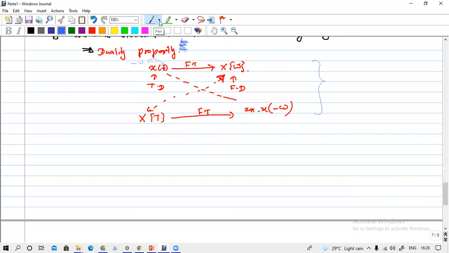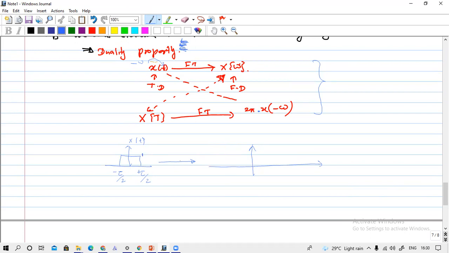So now we know that we have this signal. Also we know that if we have a time domain signal x(t), a pulse from minus tau by 2 to plus tau by 2, we have the frequency domain signal, a sinc pulse.